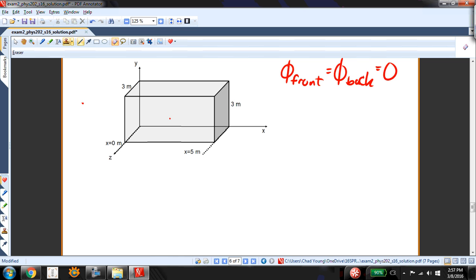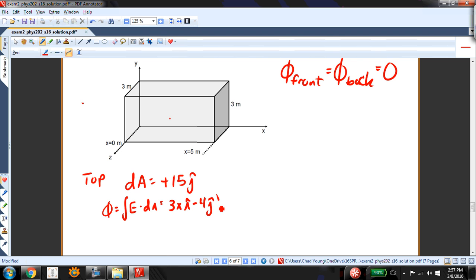So for the top, I need to find out what is my dA. For the top, my dA is plus 15j. And my electric field, or phi, is going to be E dot dA, which is going to be 3xi minus 4j, dotted with 15j.